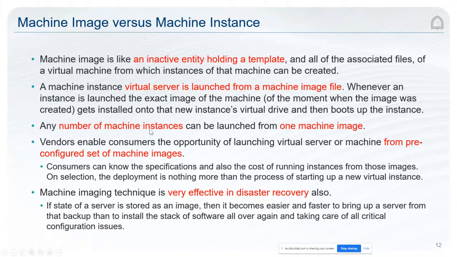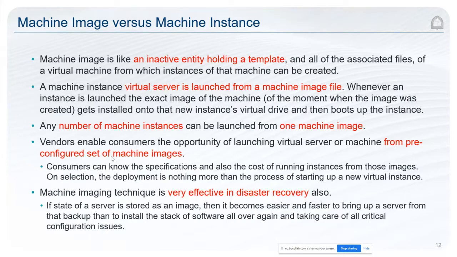A number of machine instances, this is very important, can be launched from one machine image. So the relationship here is one to many. One machine image can have many machine instances. Of course, we can have a pre-configured set of machine images. One machine image is for security, one machine image is for database, one machine image for network, and so forth.